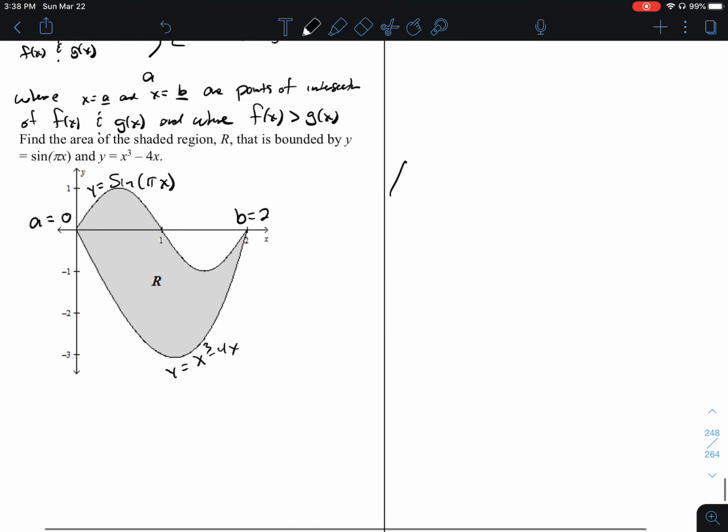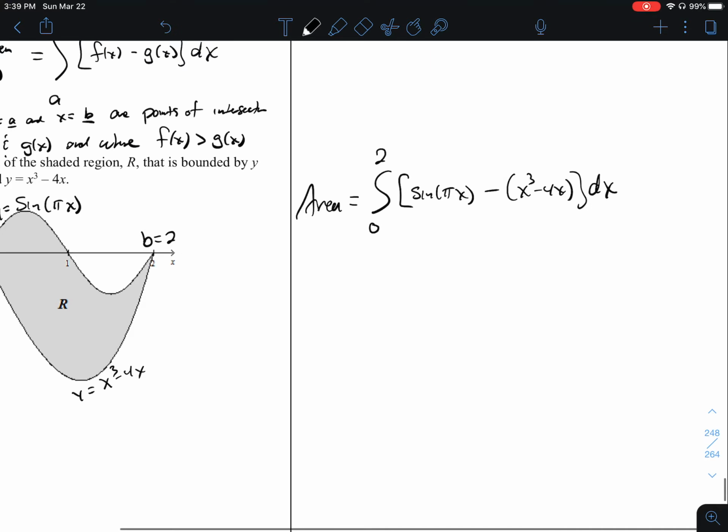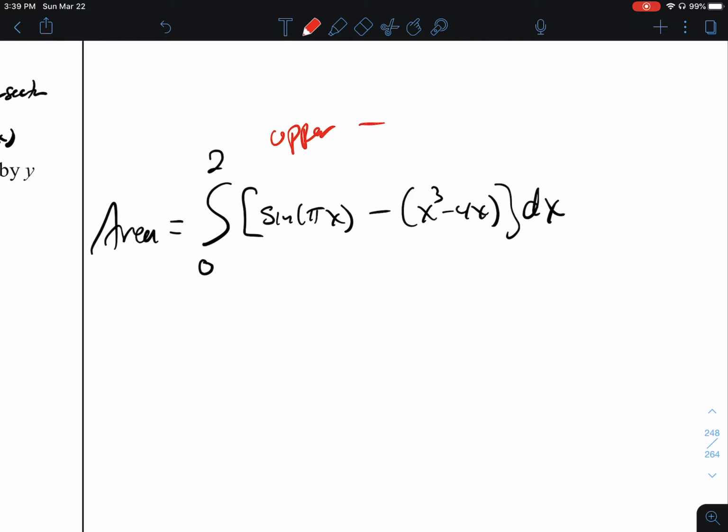So to find the area, we're going to integrate from 0 to 2. Once again, those are the points of intersection of these two curves, 0 and 2. We are going to take the upper curve, sine of pi times x, minus the lower curve, x cubed minus 4x. It's always upper minus lower. Always.